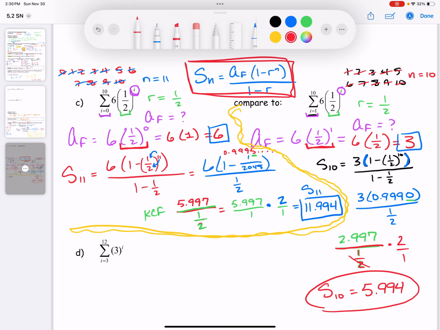The difference in them came down to that one extra term being there, because this 6, A0, ended up being the difference between them. This one included A0. This one did not. And so that whole term was missing. Hopefully that helps with the sigma notation.